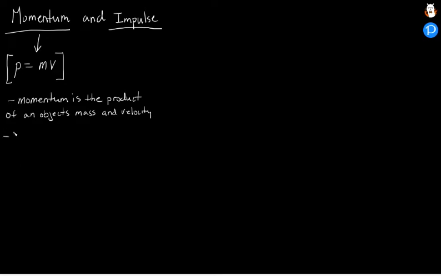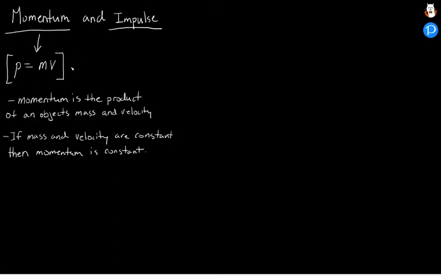So we'll say if mass and velocity are constant, then momentum is constant. Doesn't change.